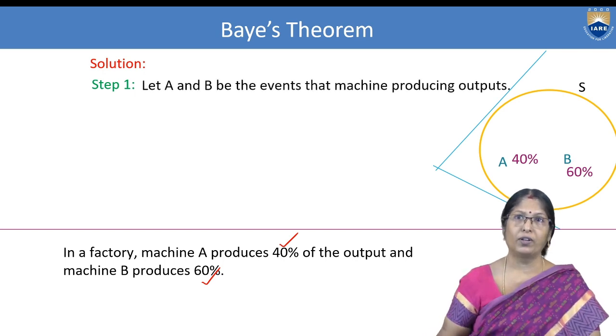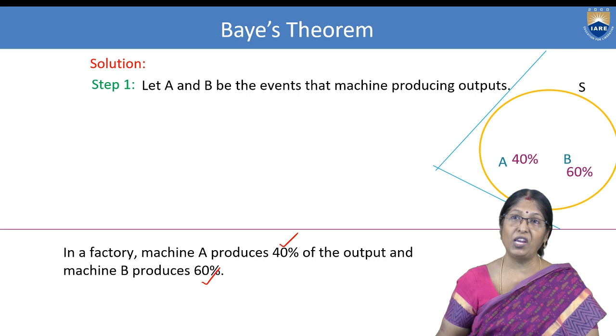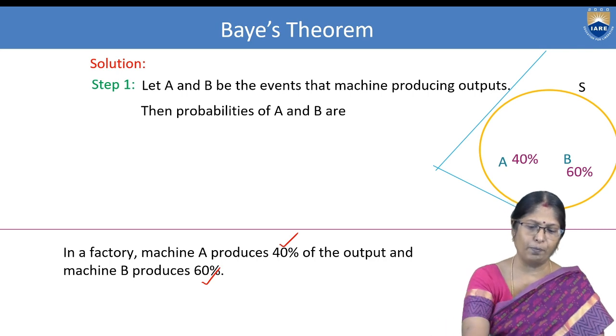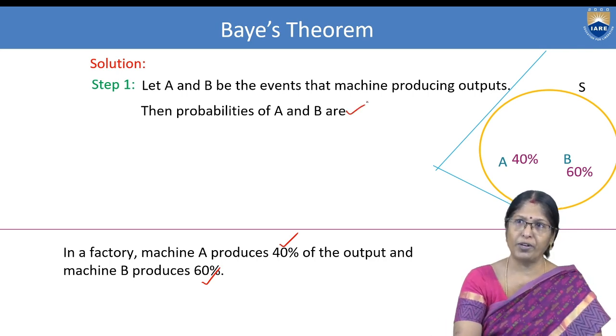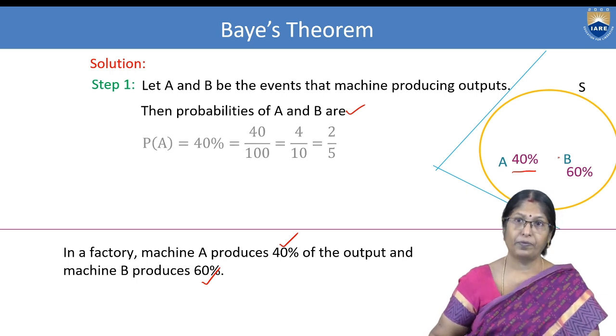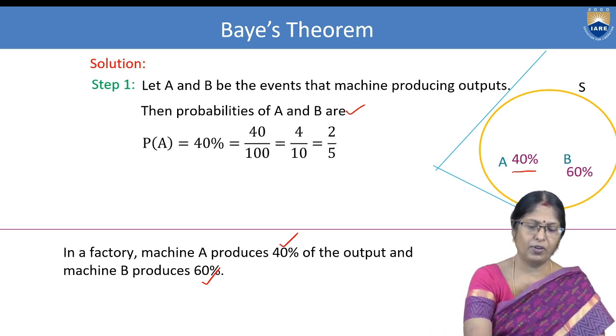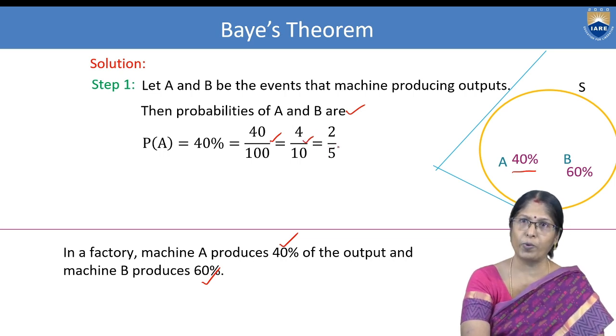We will solve it. So let A and B be the events that the machines are producing the outputs. The probability of A and B. So the probability of A is nothing but 40%. 40% is 40 by 100, in the lowest form 4 by 10, and in the lowest form it is nothing but 2 by 5.